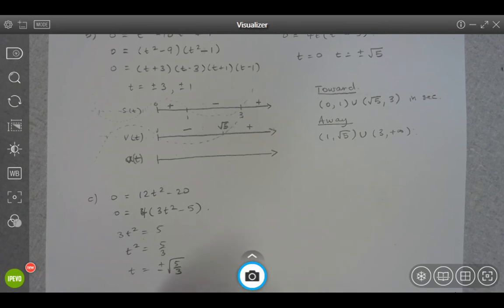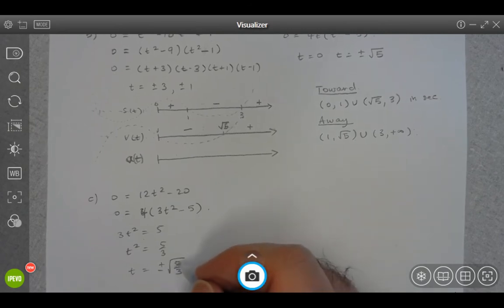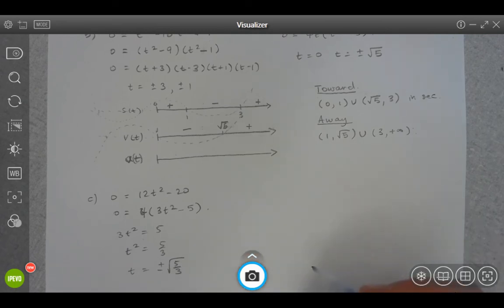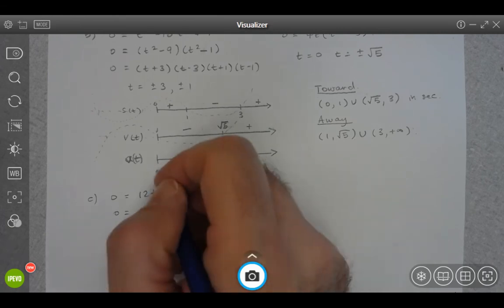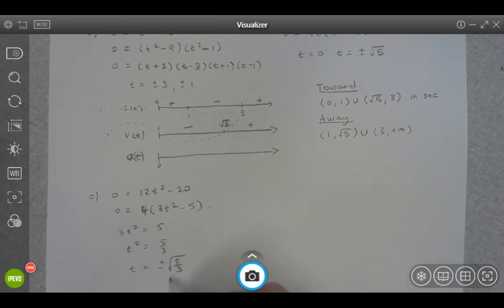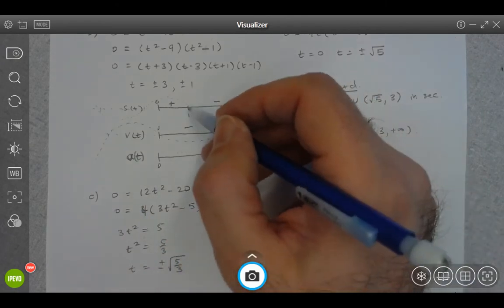Now, root 5 over 3 is bigger than 1 and less than 2. So I know it's going to be a little bit bigger than 1. If I felt like it, I'd take my calculator and find an approximation, but we can figure that out. And we don't really care about the negative root 5 over 3, except for maybe sketching my graph. So here's my 1.